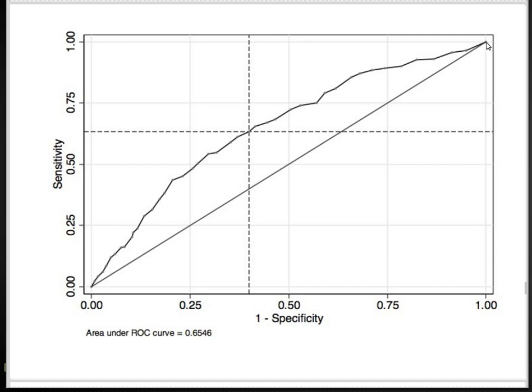Okay. So we can see that in principle, we could determine the sensitivity and the false positive rate for any cutoff ranging between 0 and 1.